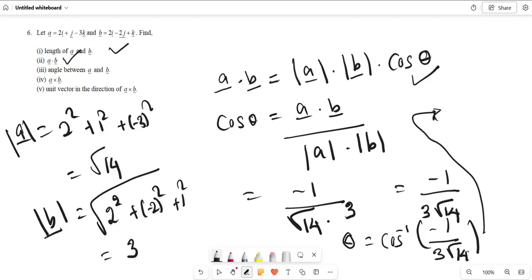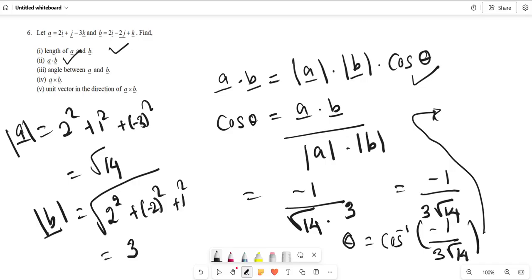If I consider the square root of 14, it is between 9 and 16, so it is closer to 4 but less than 4. So apparently it will be like 3.7. If you take 3.7, what will happen? 3.7 squared is about 13.69, which is close to 14.